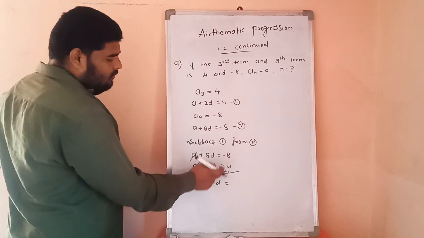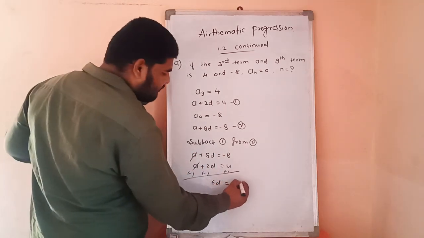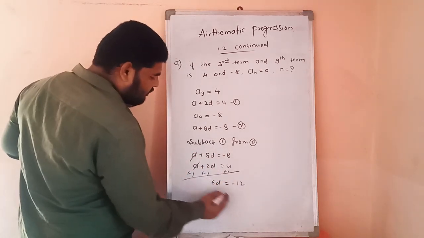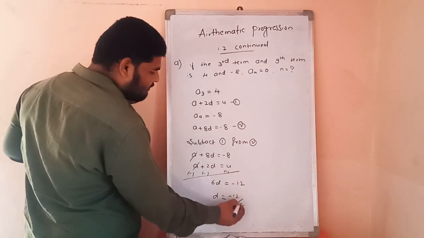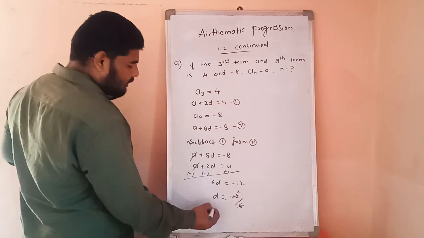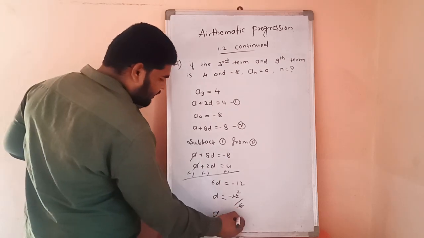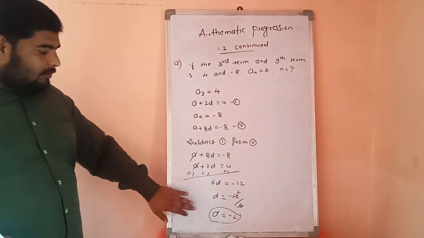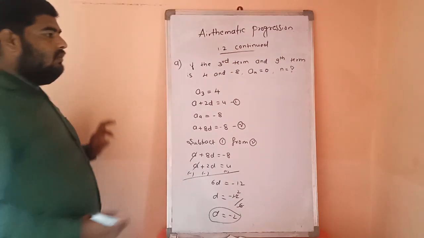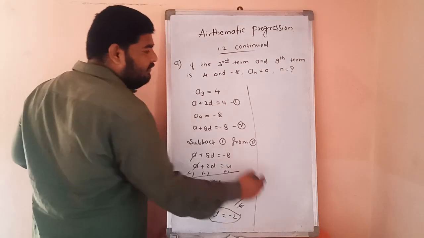Here both are minus, so add: minus 12. So d is equal to minus 12 divided by 6. 6 ones are 6, 6 twos are 12. So d is equal to minus 2. Now after getting the value of d, we should substitute in equation 1. You can substitute in equation 2 also.